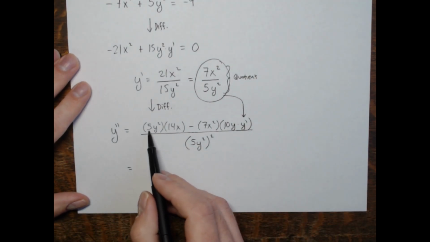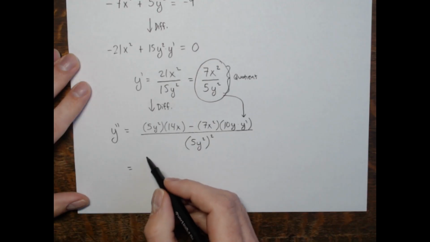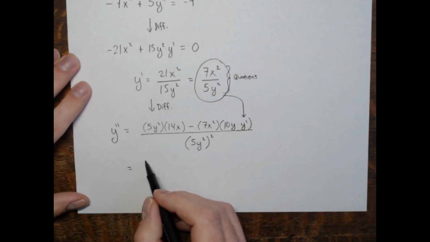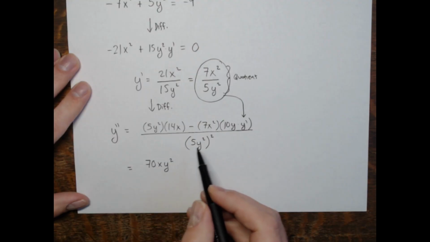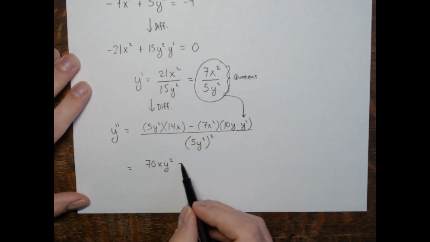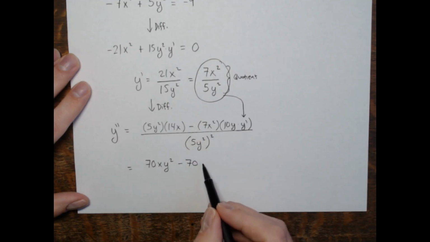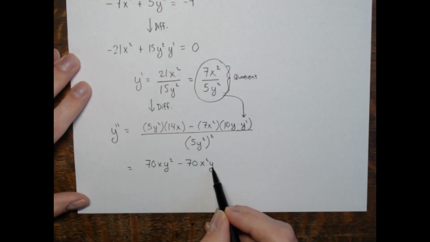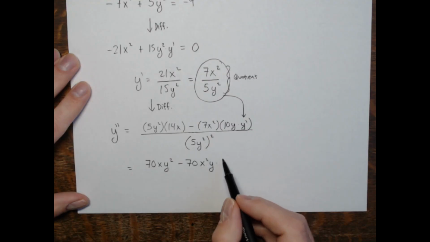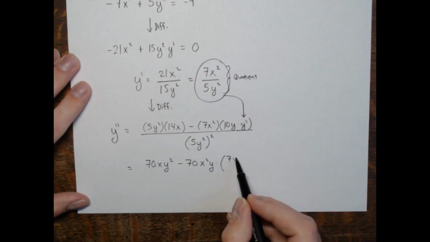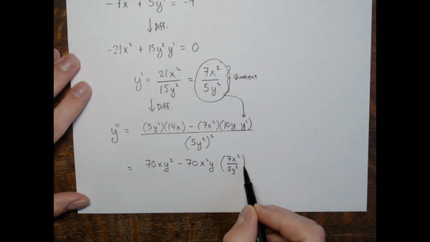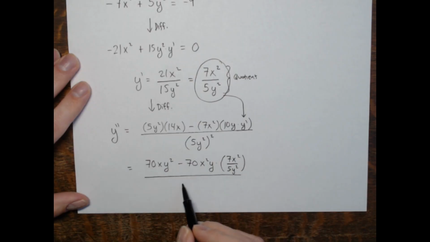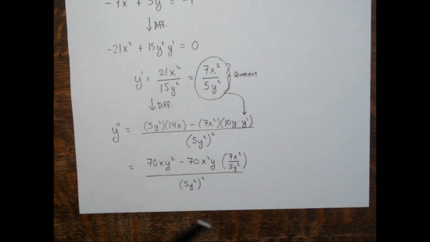So we have 5 times 14, it's 50 and 20, so that'd be 70 times xy squared, then minus 70 times x squared y, and then y prime was this 7x squared over 5y squared, and then all this divided by 5y squared squared.